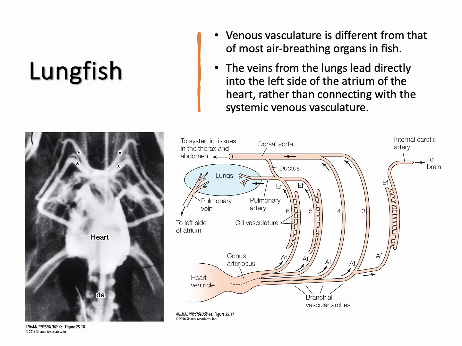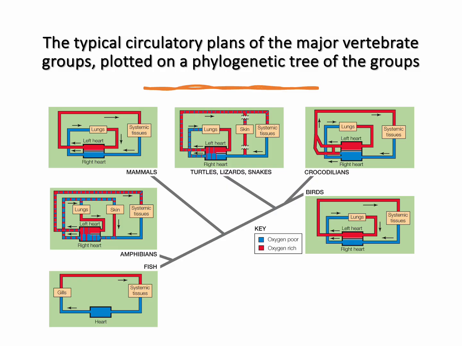This image here represents the circulatory plans of major vertebrate groups on a phylogenetic tree. And as you can see, there's a single loop in fish, but as they're showing here, as you progress through evolution, it changes from a single to a double system, according to the people who wrote this book and who believe in this type of evolution.